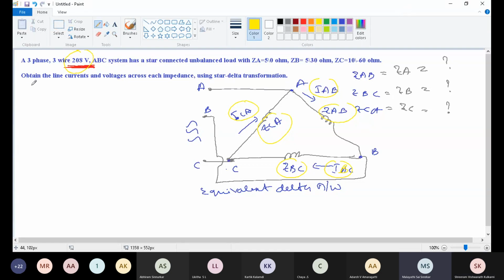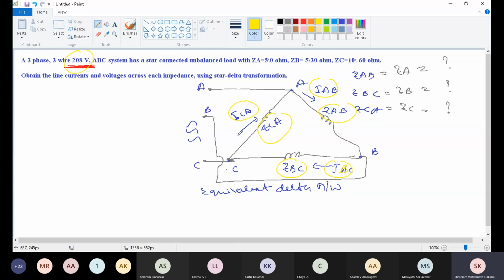Whatever voltage is given in the numerical is the line voltage, because it's a star connected network. We have already drawn the equivalent delta network.